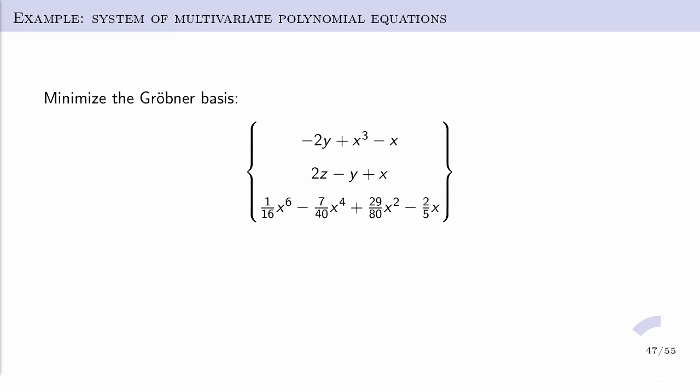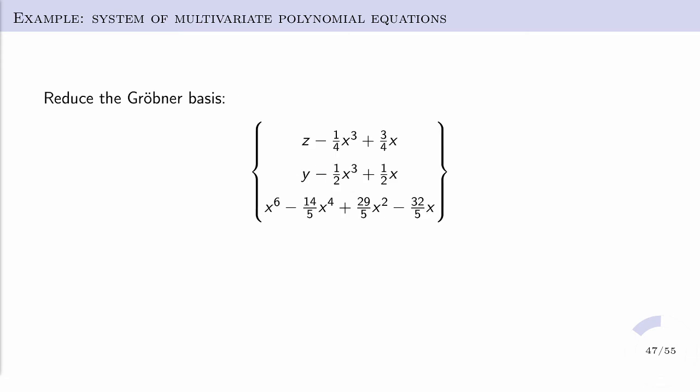However, this minimal Grobner basis still can be reduced somehow, because we have a leading monomial y here and y appears here, so for sure we can reduce this polynomial and get rid of y here. So our next step is to compute the reduced Grobner basis. So we remove some of the terms and we normalize all of these polynomials. So this is the reduced Grobner basis with respect to the Lex order.